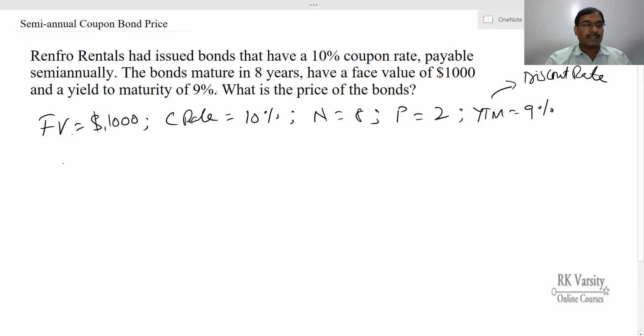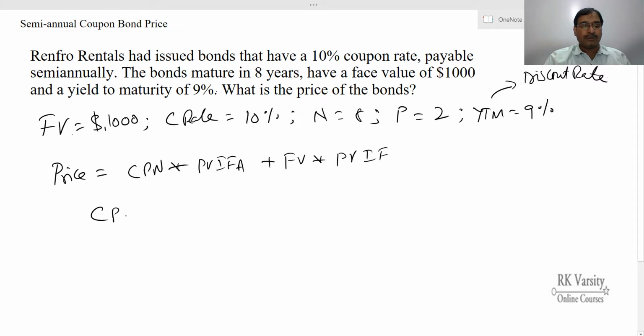Your yield to maturity is the discount rate with which we calculate the present value of the bond. So to get the present value of a bond, or the price of the bond, price equals coupon amount times present value interest factor annuity plus future value times present value interest factor. First we calculate the coupon amount. Coupon amount equals face value times coupon rate upon 100, so $1,000 times 10 by 100.